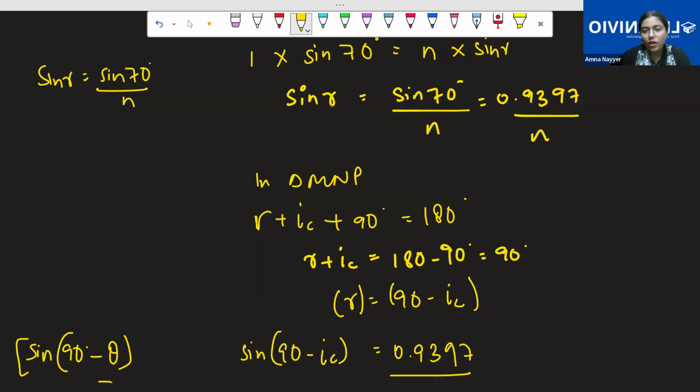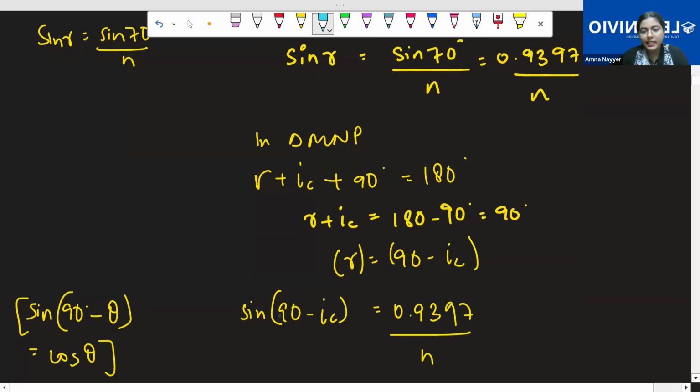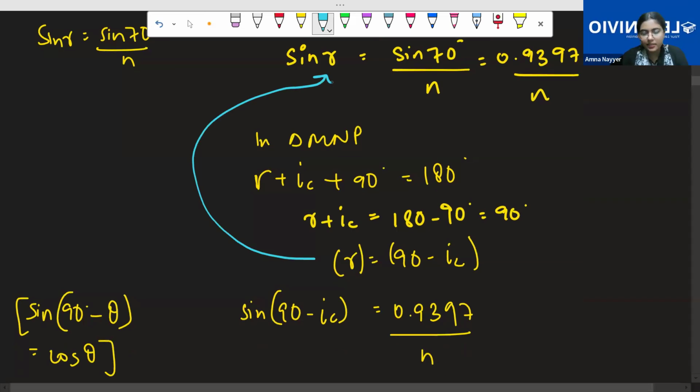Now what was your sine R? 0.9397 by n. We have got the value of this R. Can we write R as 90 minus IC? So I'll get sine 90 minus IC is equal to 0.9397 by n, basically putting this value of R over here.